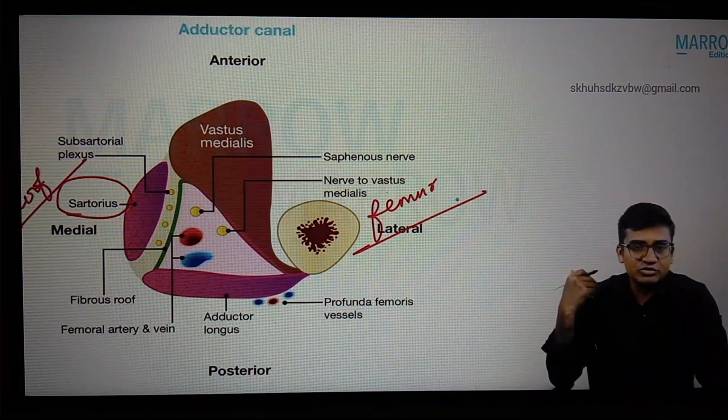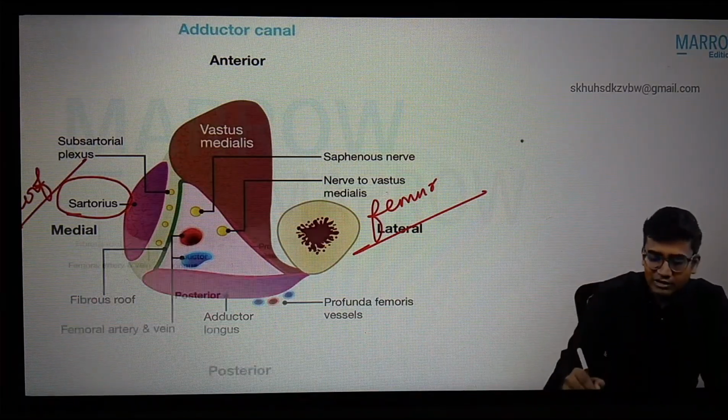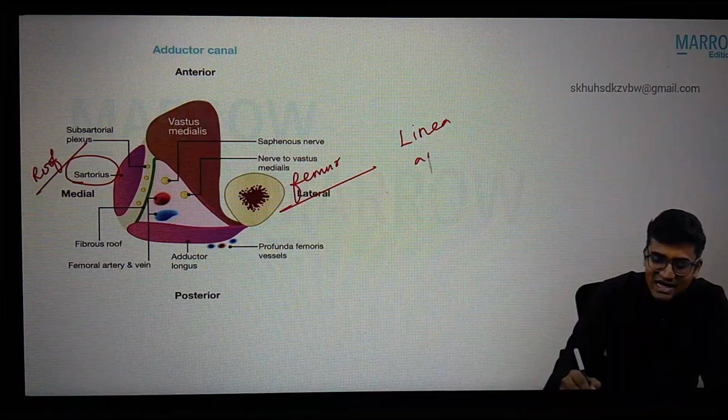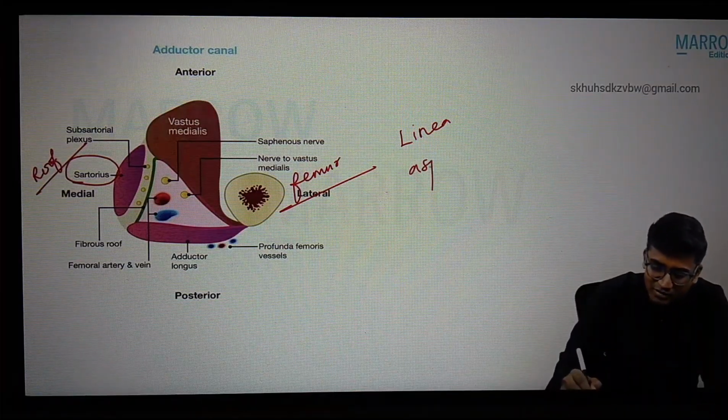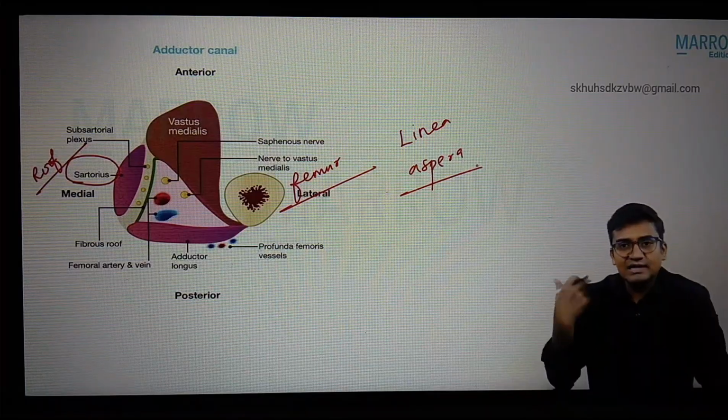And we have muscles attached to the posterior border of the femur bone. The posterior border of the femur is formed by the linea aspera. Now in the linea aspera, the vasti muscles and the adductor longus muscle are attached.